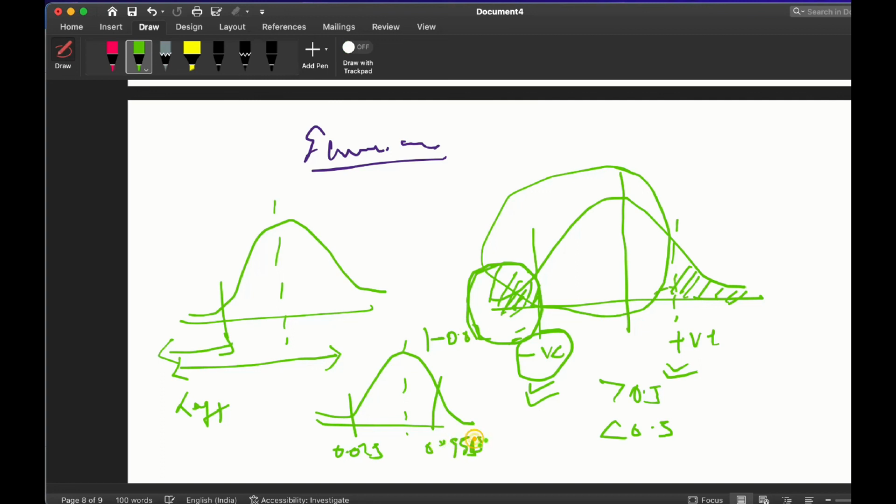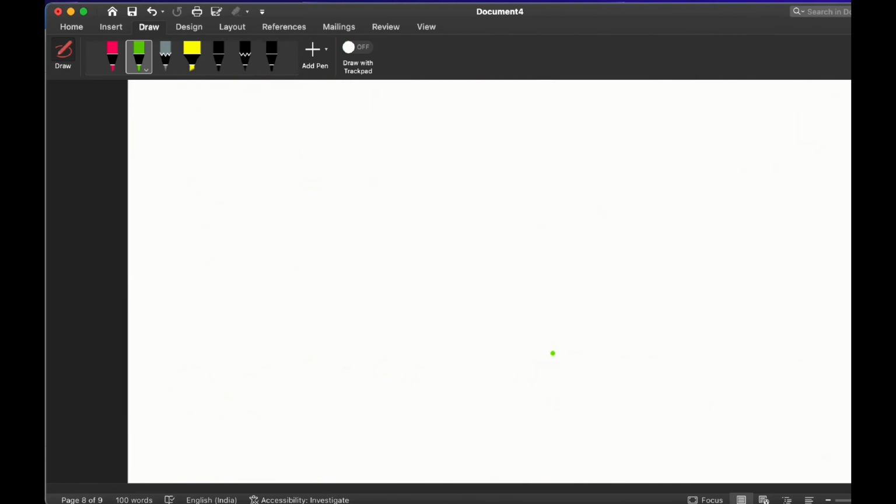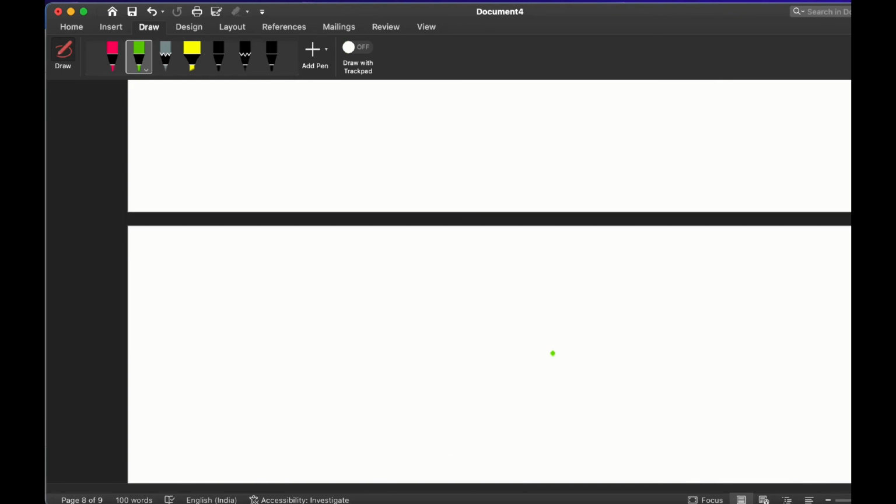If you see the area corresponding to this value, you will get this area. If you see the area corresponding to this critical value, then you will get the area of this. Okay, so I hope you understand the mathematical concept of what's going on, and it will be very helpful to you.